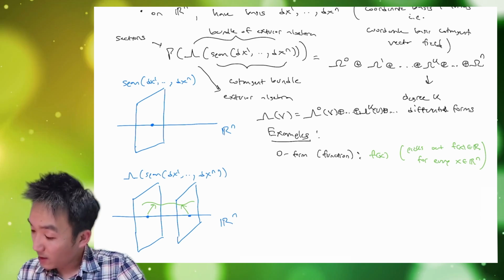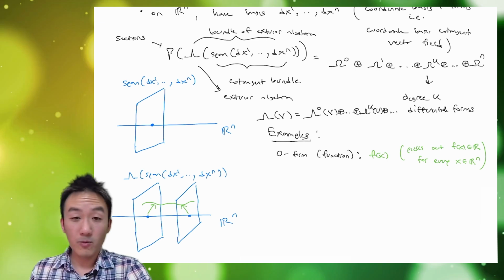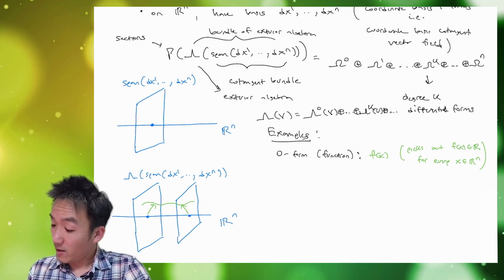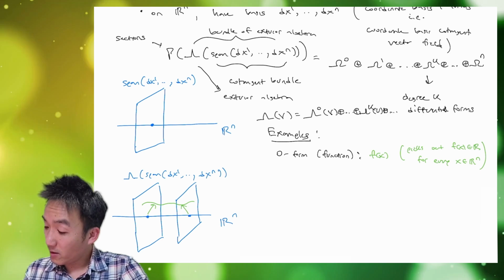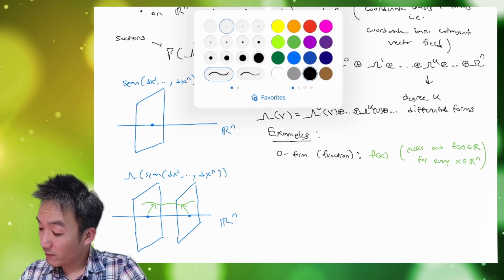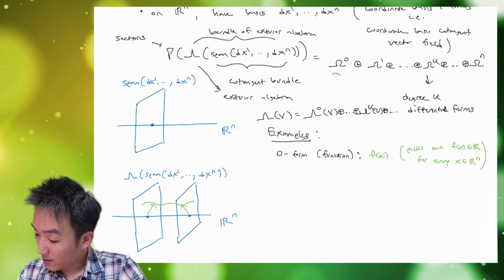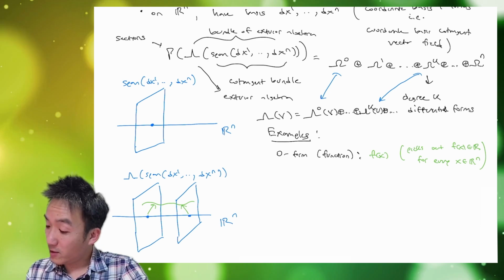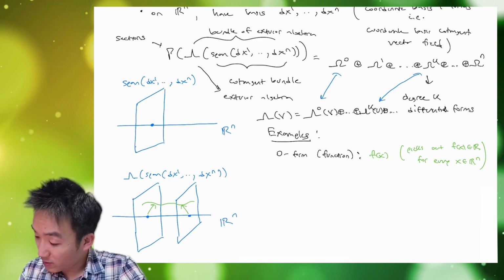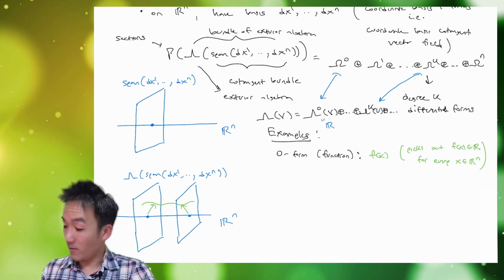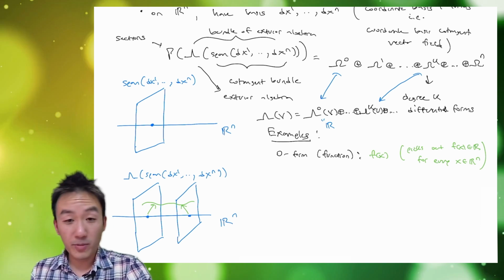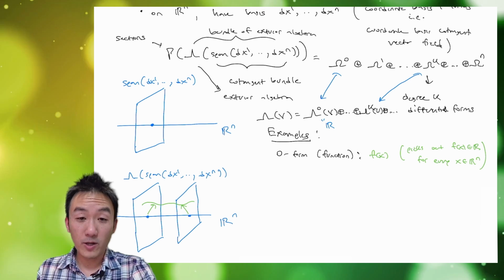And what I mean by omega 0 is that every point of my section picks out an element of lambda 0, the zeroth part of the exterior algebra. And the zeroth part of the exterior algebra is always just R. So a function just picks out an element of R at every point x, and well, that's what a function is. It gives you a number for each element x.